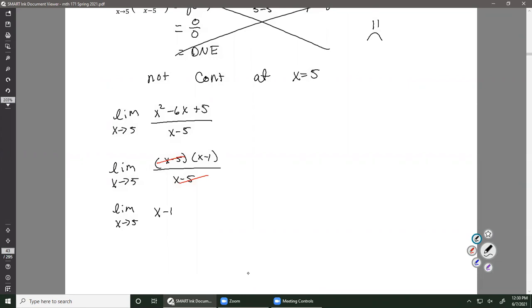When we cancel things out of a rational function, we would typically say, oh, but x can't be 5. We took it out, now we can't plug it back in.